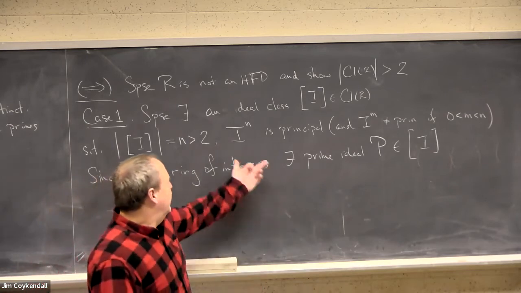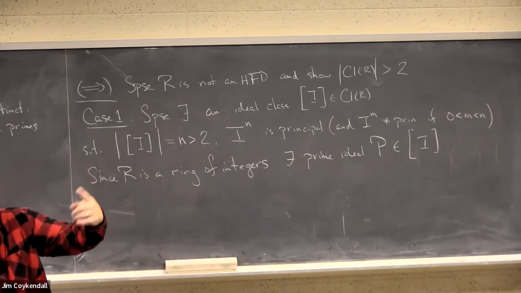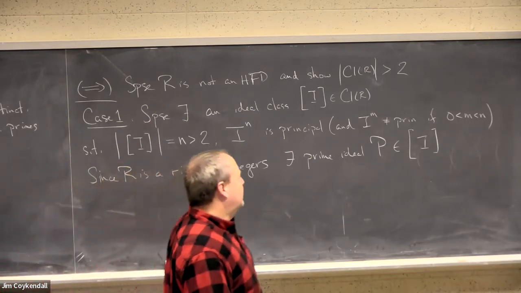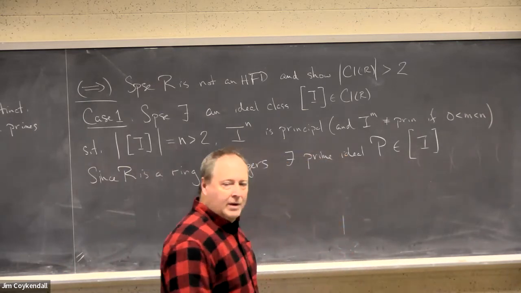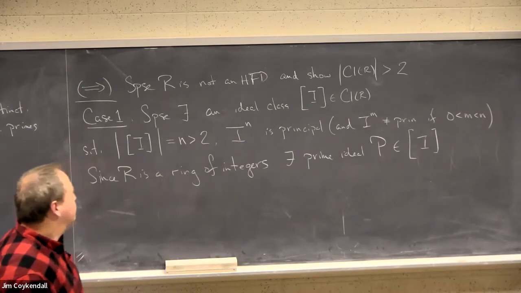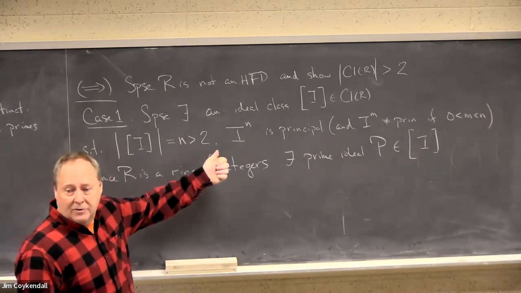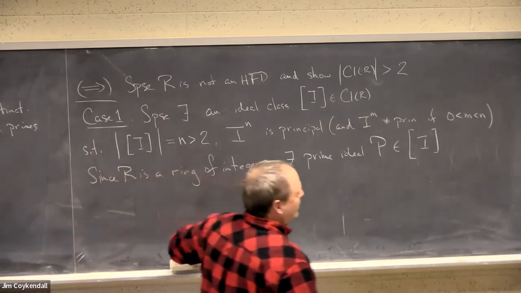So in other words, P differs from I by a principal ideal. Now, when I say principal ideal, I mean an element quotient. You might say I multiplied by a principal ideal to get P. So P has the same property: P to the n is a principal ideal, and n is the smallest such power.